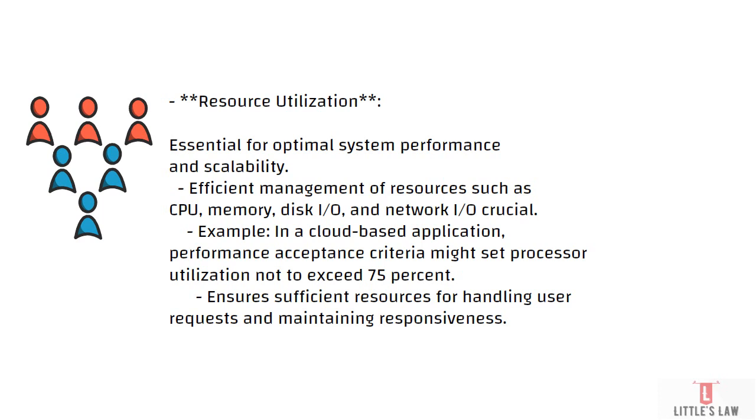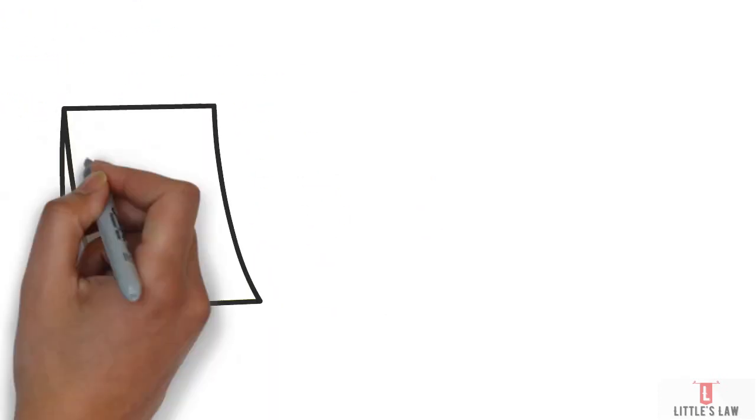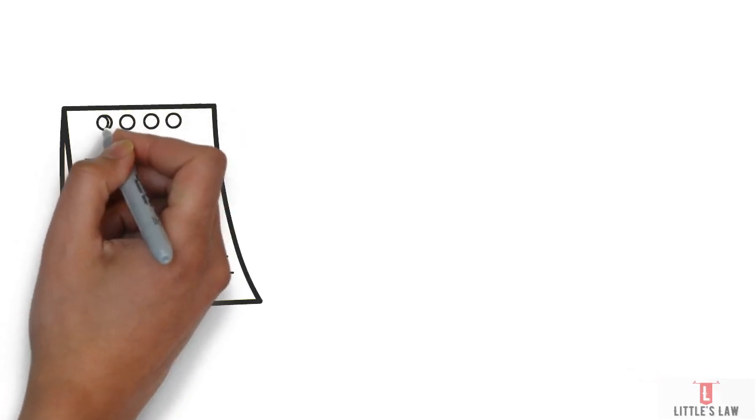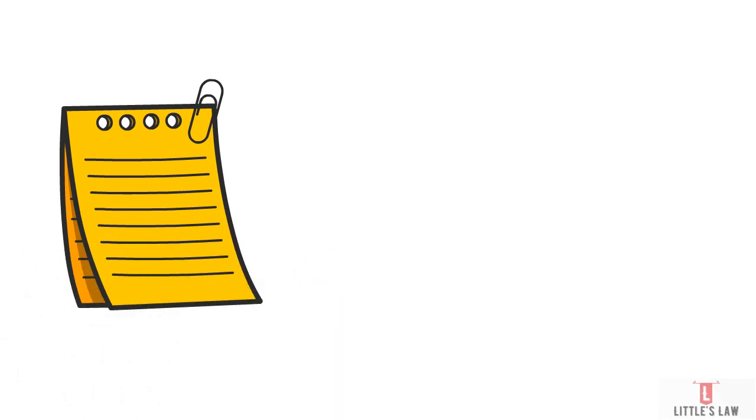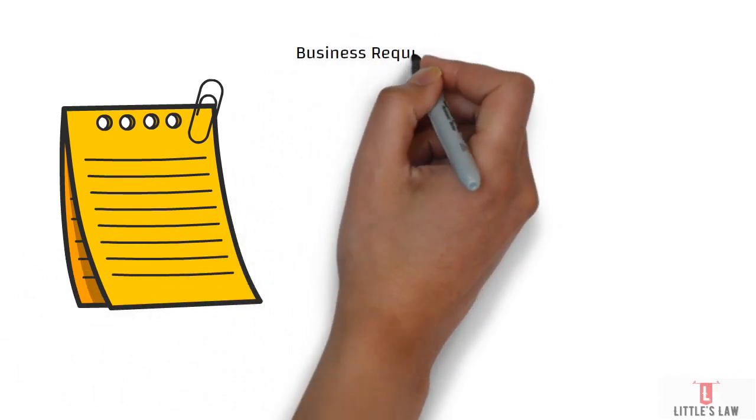So we have a lot of key points to consider when identifying the performance criteria. Out of which the first point is the business requirements. The performance criteria should align with the overarching business objectives and goals of the organization.